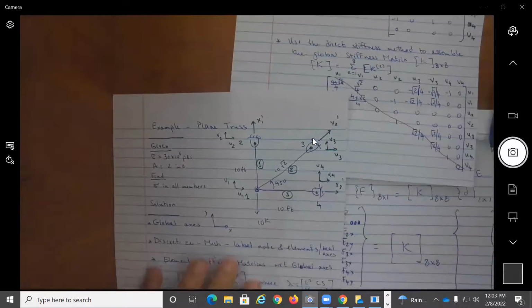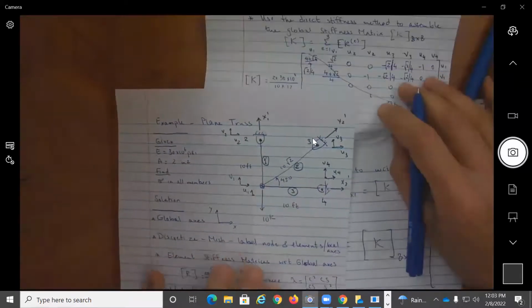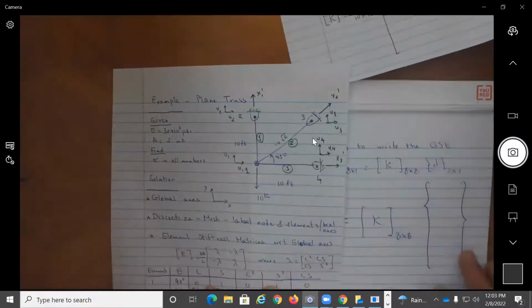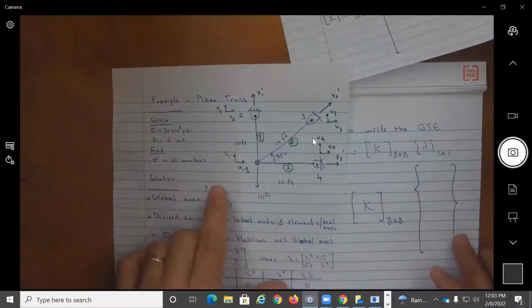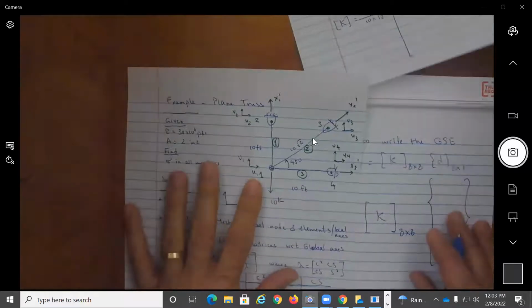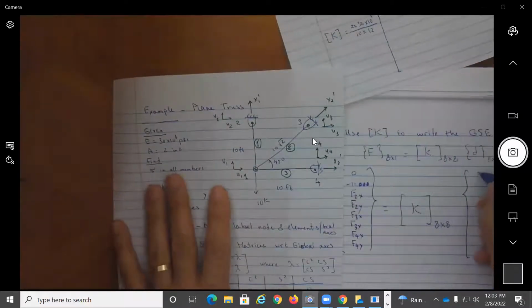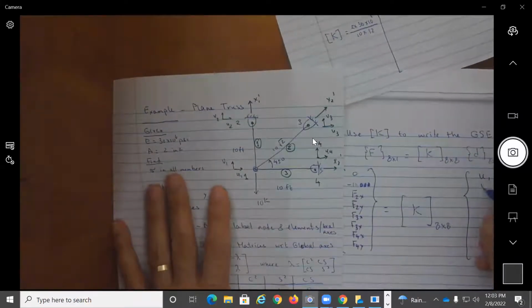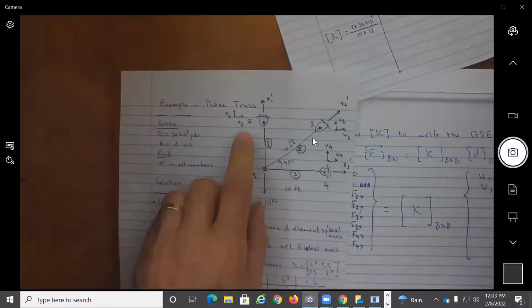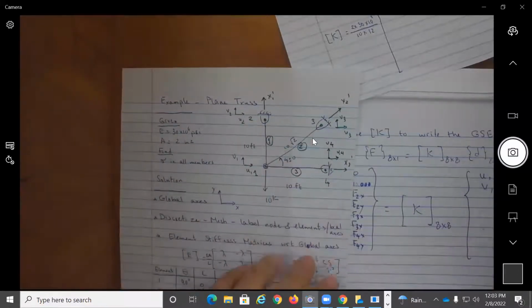And this displacement matrix is going to include the unknown displacements as well as the prescribed displacements. So I'm looking here at my diagram, and yes, I have an unknown U1, unknown V1, but if you look, all the others are equal to zero.